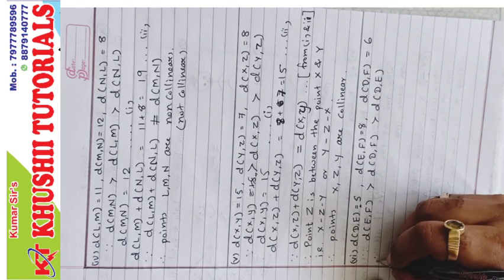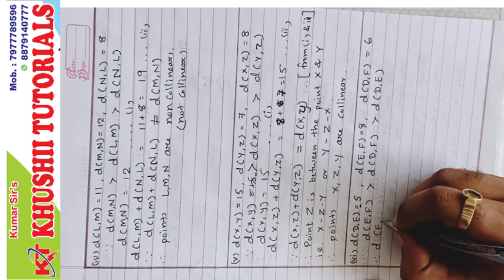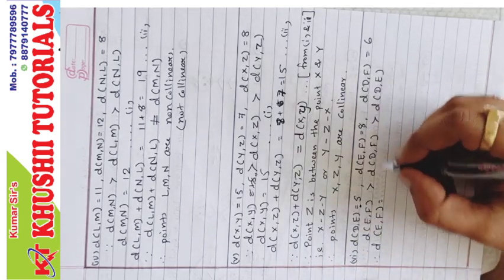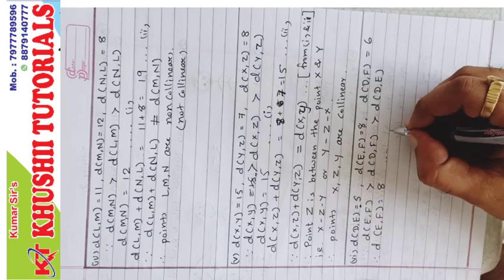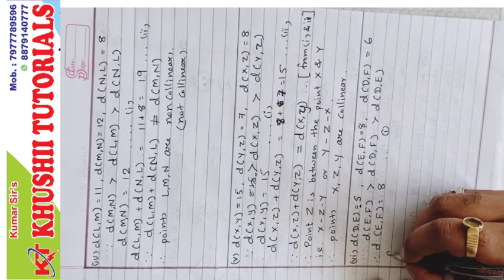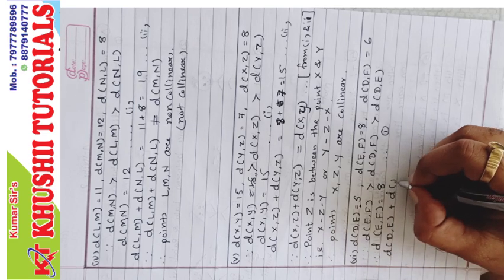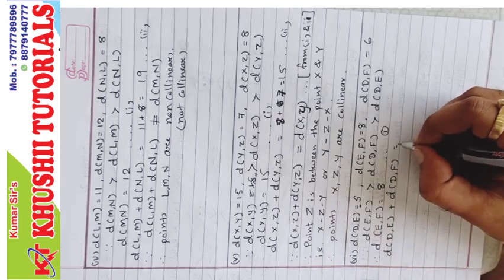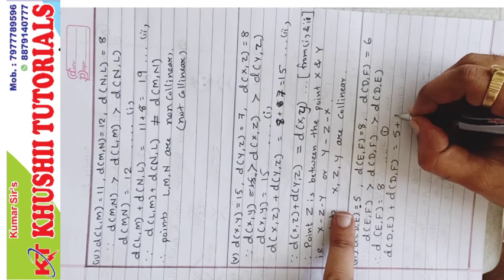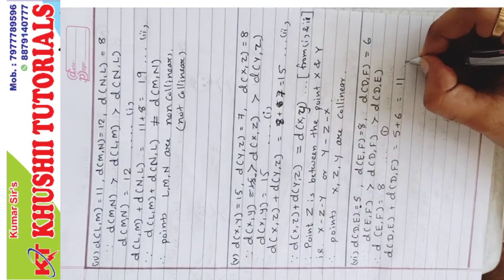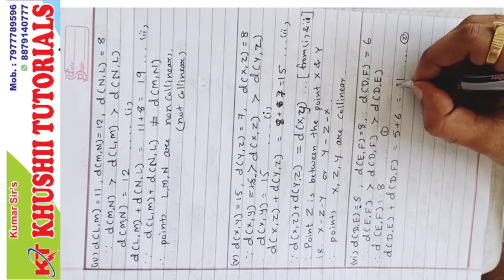Therefore distance of EF, the greater distance, is 8, we will mark it as 1. The distance of DE plus distance of DF, which is 5 plus 6, is 11, mark it 2.